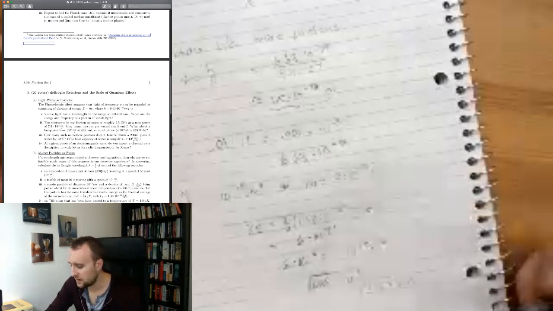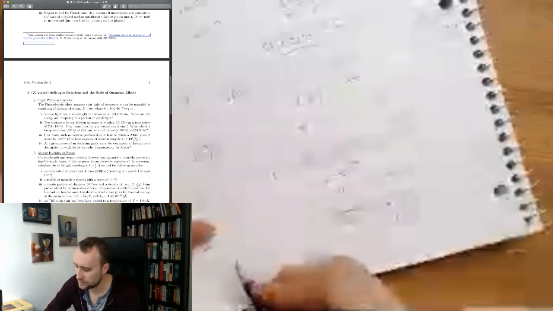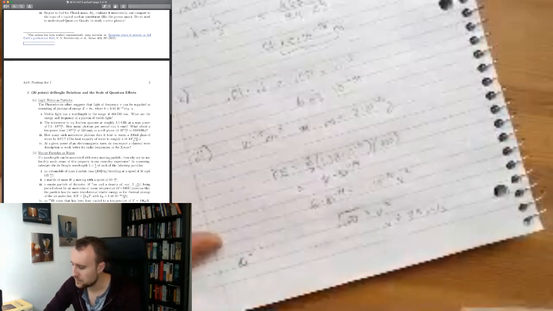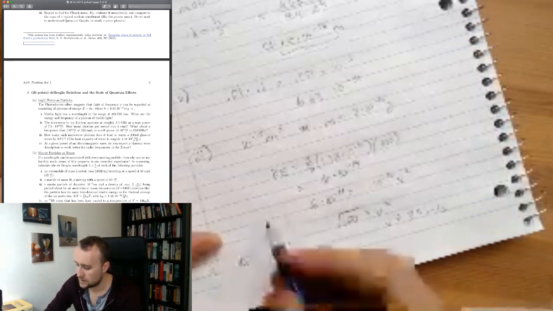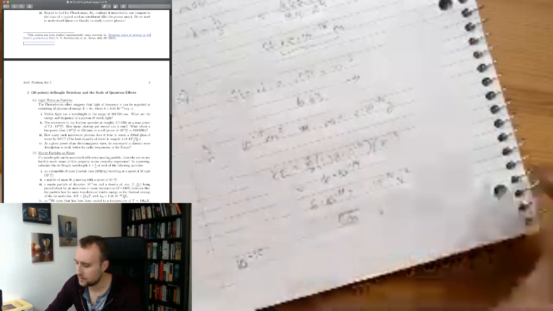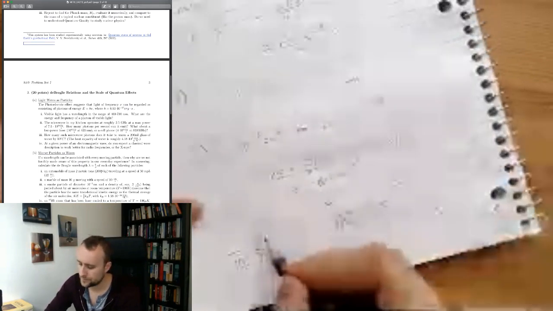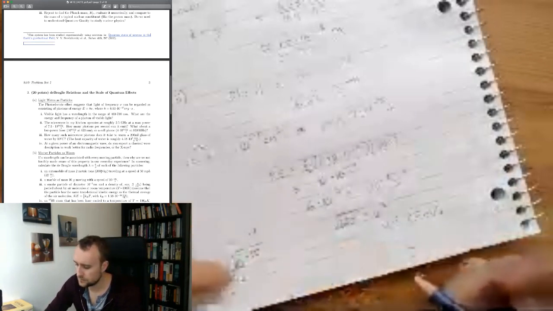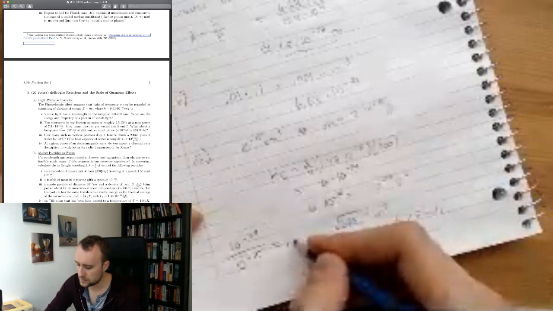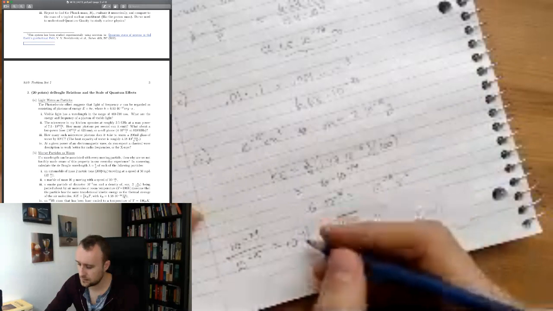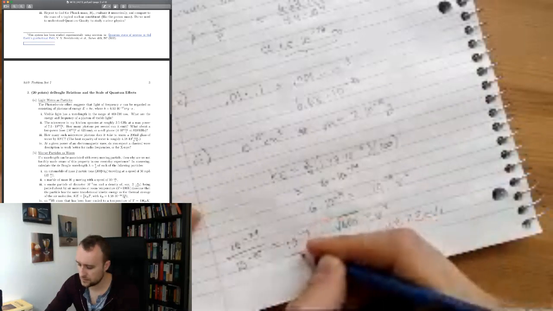We're losing one significant figure, so the momentum is 10 to the negative 15th. 10 to the negative 15th is the momentum. 10 to the negative 34. Looking at that, 10 to the negative 19 meters, roughly.